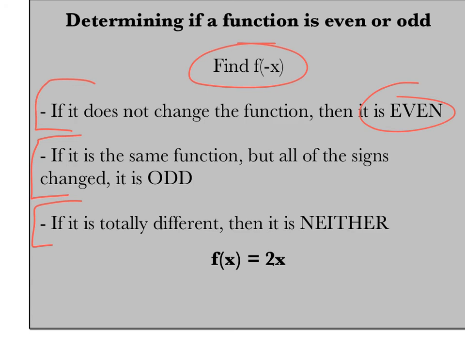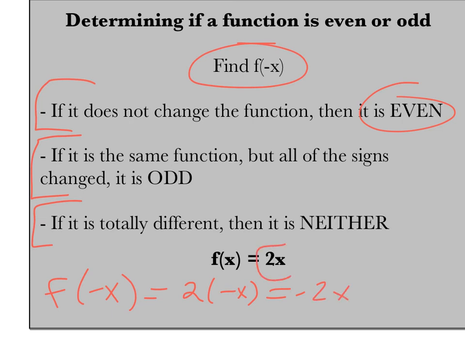So for example, we have f of x equals 2x. Now let's find the f of negative x. The f of negative x equals 2, and instead of positive x, we'll replace it with a negative x. But 2 times negative x is just negative 2x.